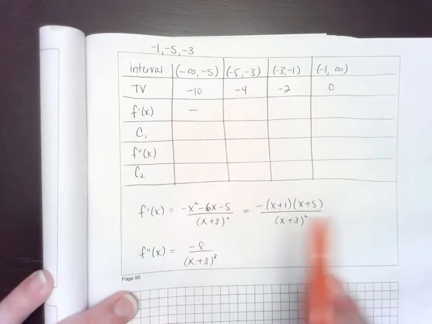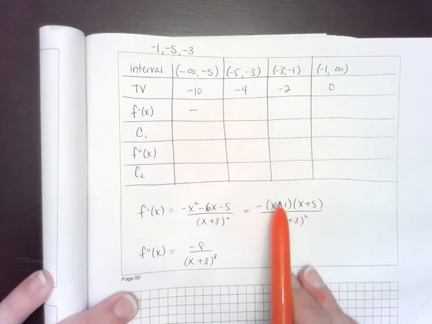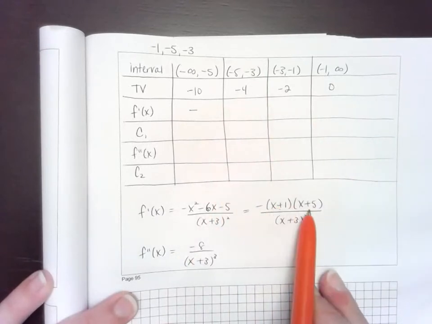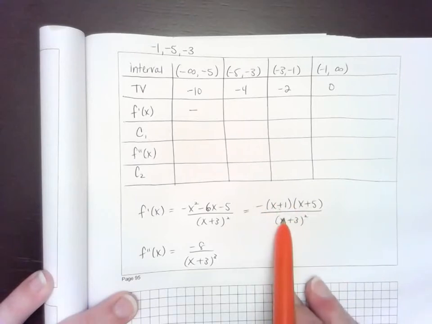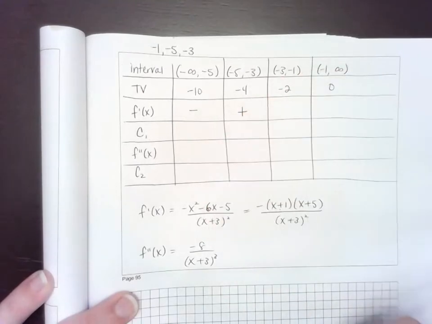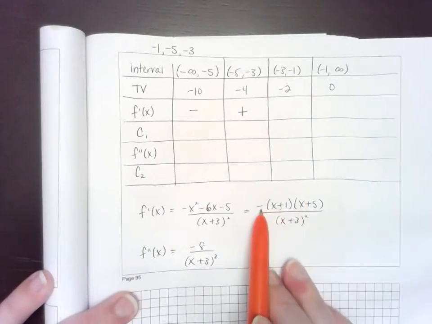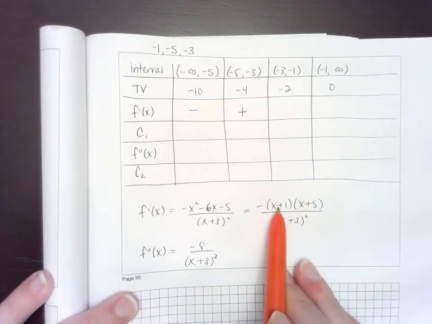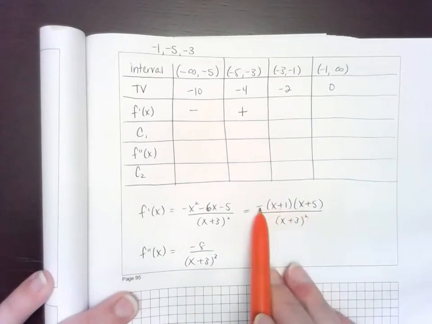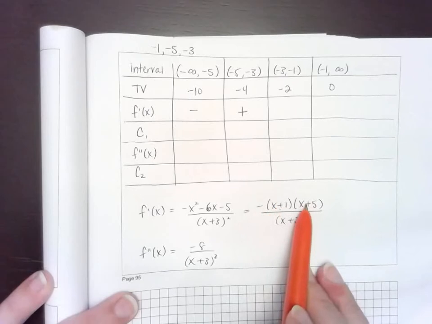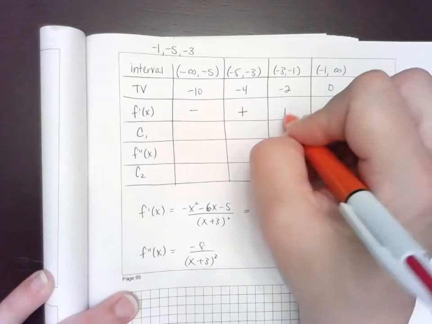Negative 4. We're going to have a negative, we're going to have a negative, we're going to have a positive. Negative, negative, positive makes positive over positive. Negative 2. That's going to be negative, that's going to be negative, that's going to be positive. Negative, negative, positive is a positive over a positive.